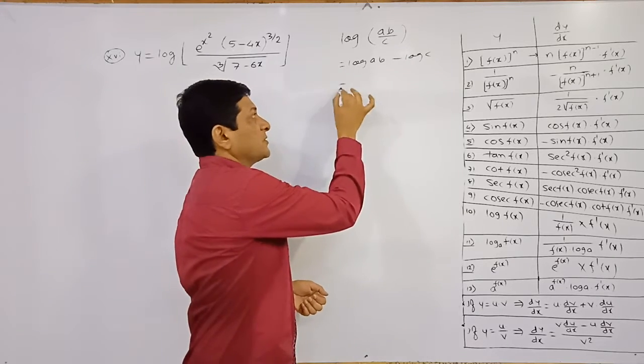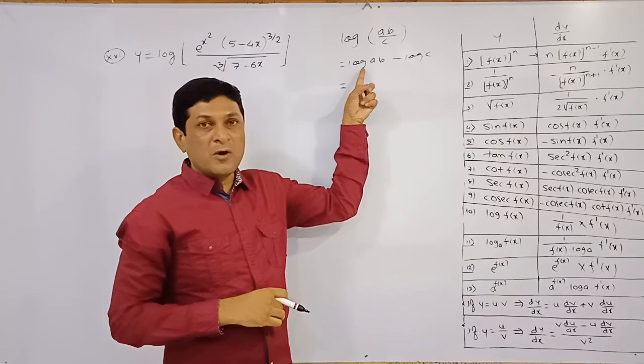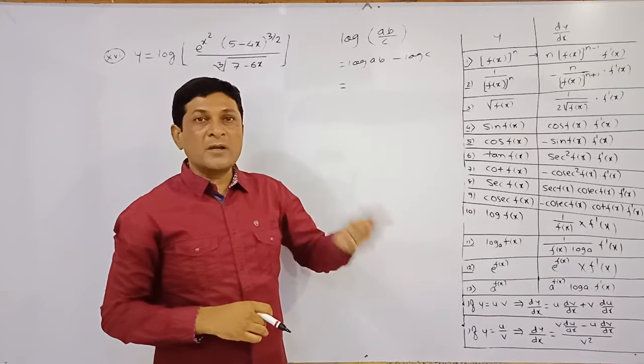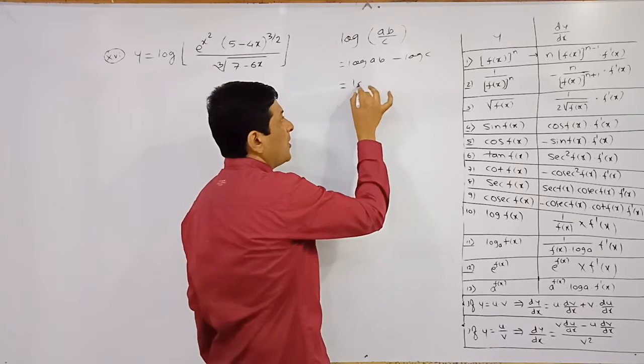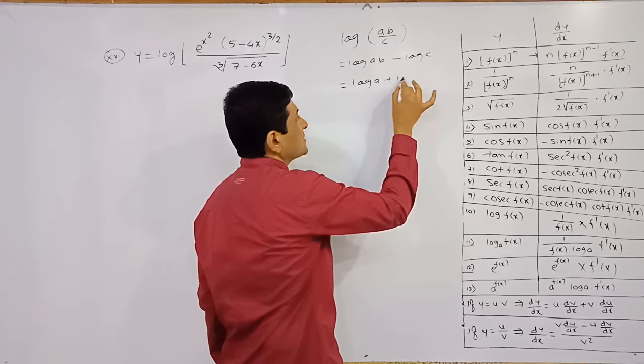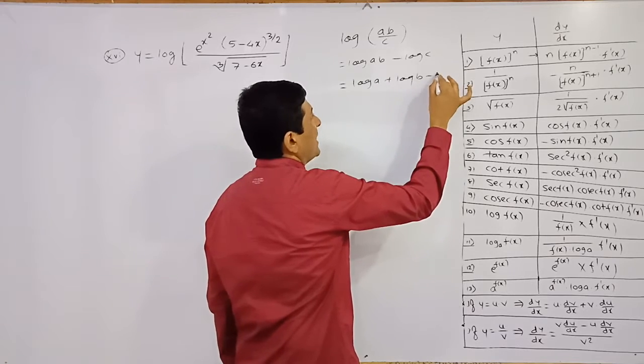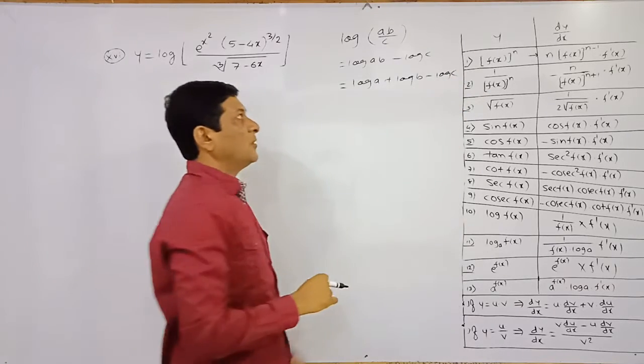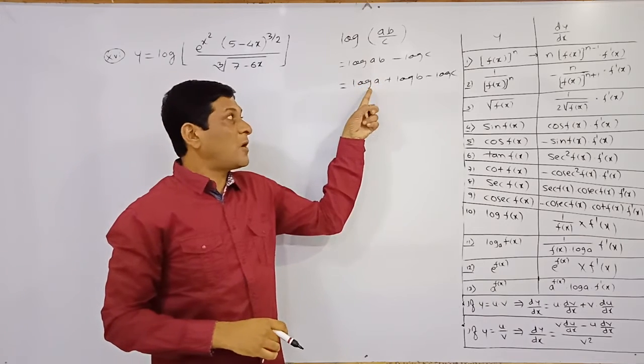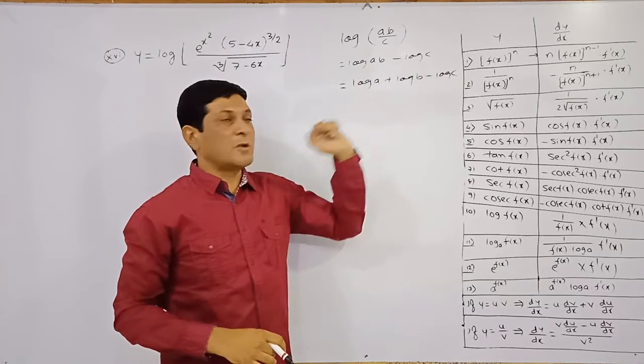Now log of A into B can be written as log A plus log B. Keep minus log C as it is.